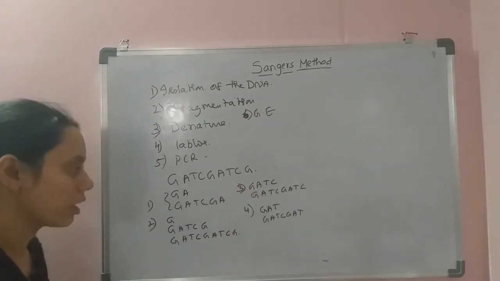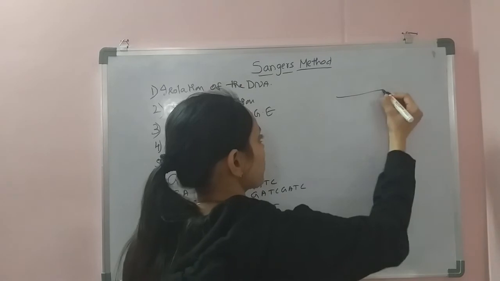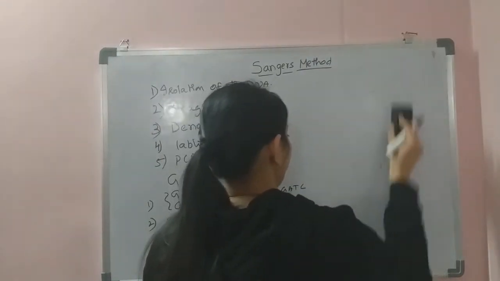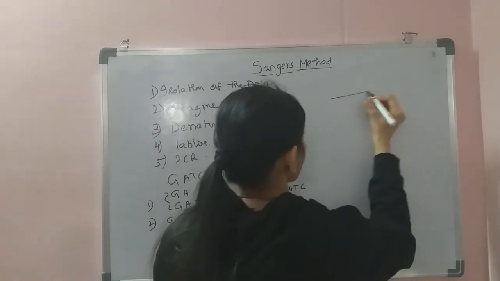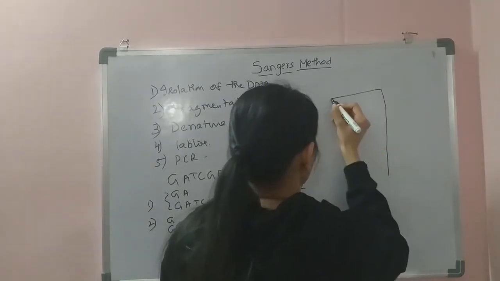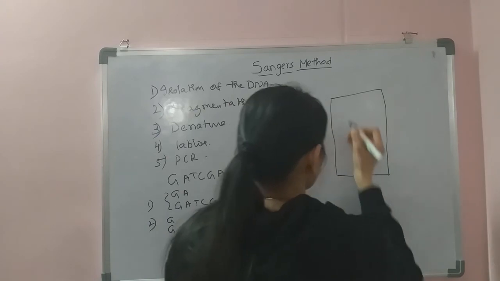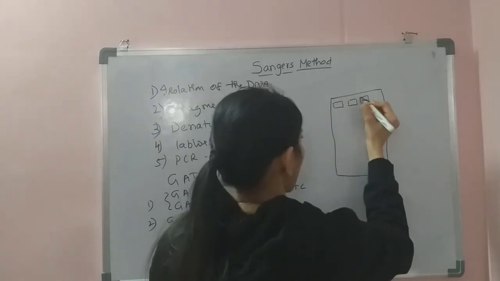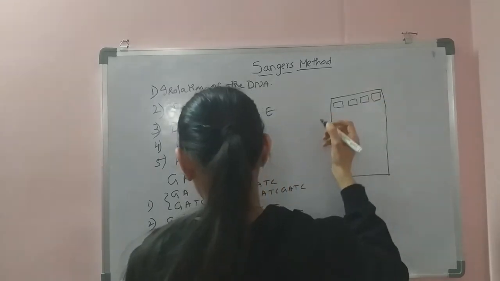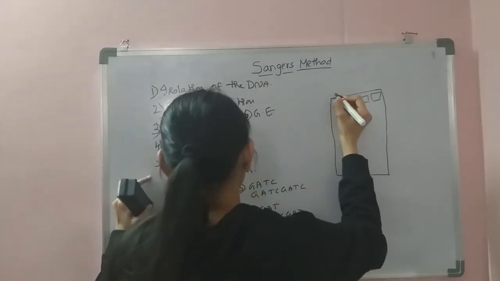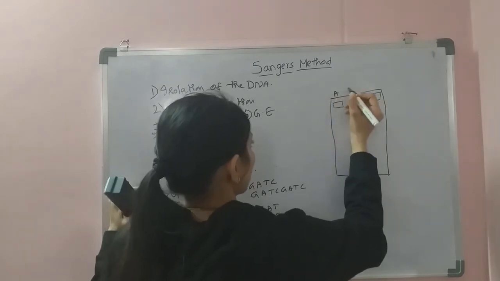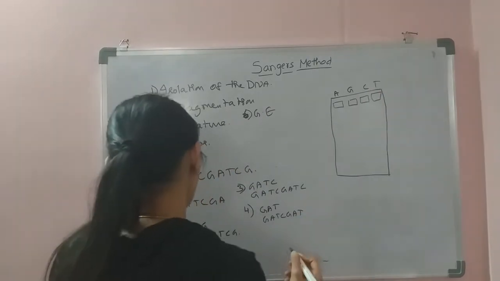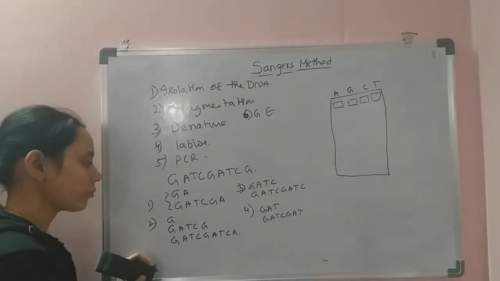So during this gel electrophoresis, these 4 reaction mixtures will be loaded onto the 4 wells present in the gel. So here the reaction mixtures are specific towards A, G, C and T.